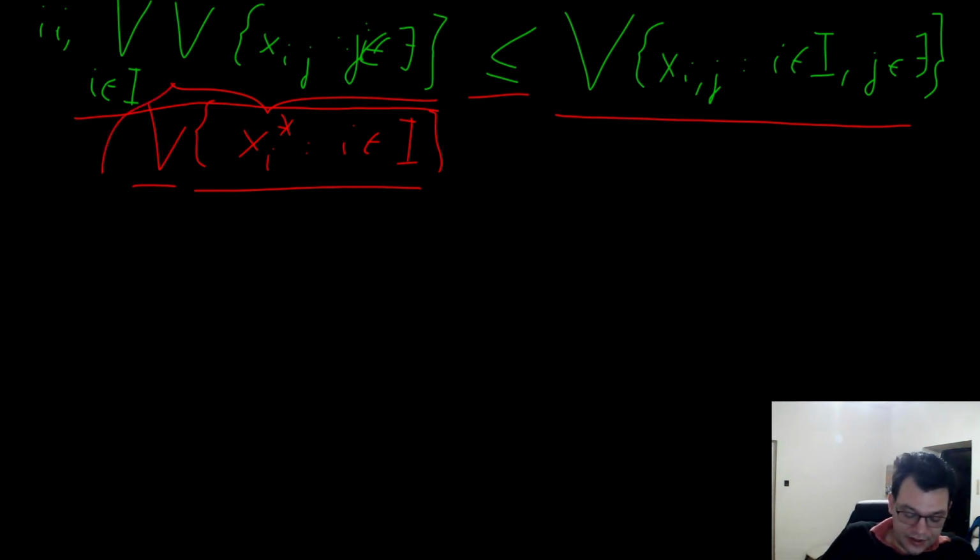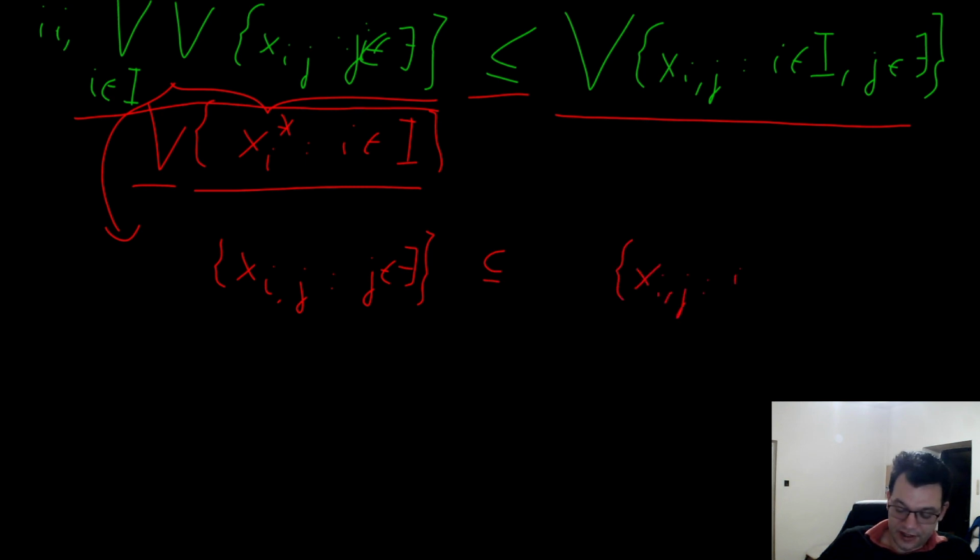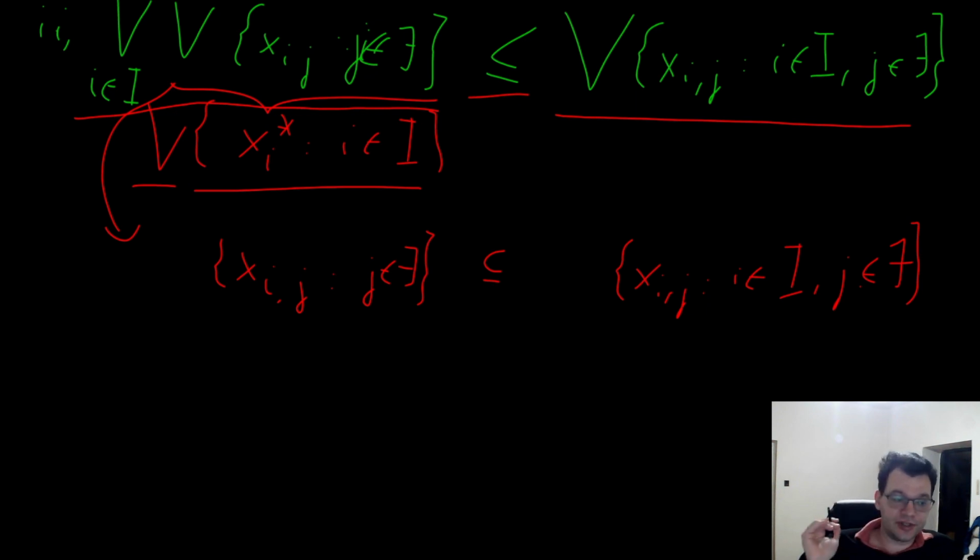I have that for these sets. So for a particular set xij, j in J, is of course a subset of the whole set xij, i in I, j in J. And if the left-hand side is a subset of the right-hand side, then for each element of the left-hand side, I have an element on the right-hand side which is an upper bound of this. Which means that any upper bound of this guy is also an upper bound of that guy.